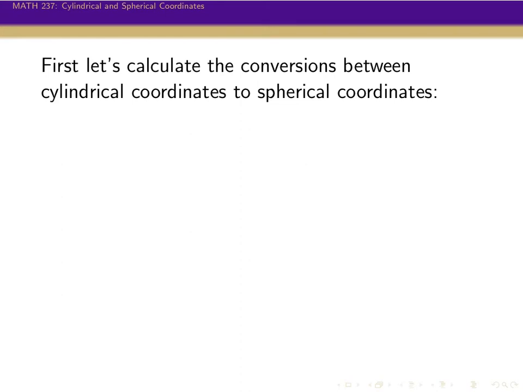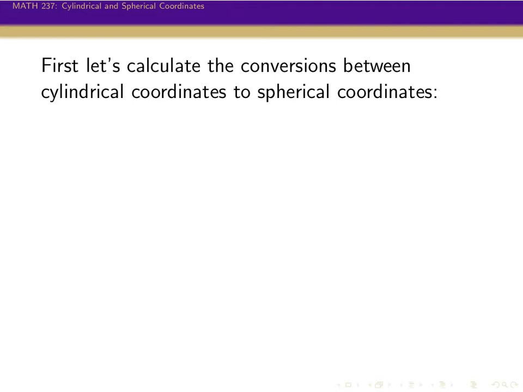Okay, so in terms of doing conversions to spherical coordinates, it's actually easiest to go through cylindrical coordinates. Cylindrical coordinates, it's sort of like a halfway point between rectangular coordinates and spherical coordinates.